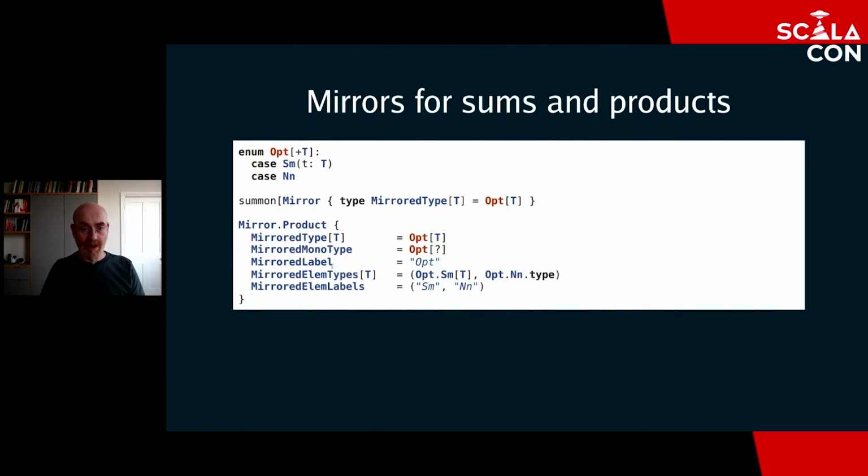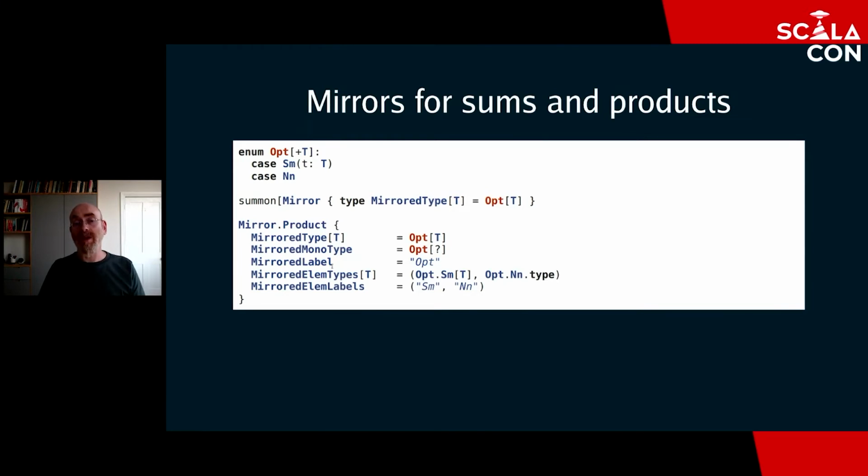So we can see that the opt type constructor is threaded through the mirrored type and the mirrored monotype. And here we can now see, if we compare with the previous case, that there is a difference between the mirrored type and the mirrored monotype. The mirrored type is polymorphic, like the underlying data type.